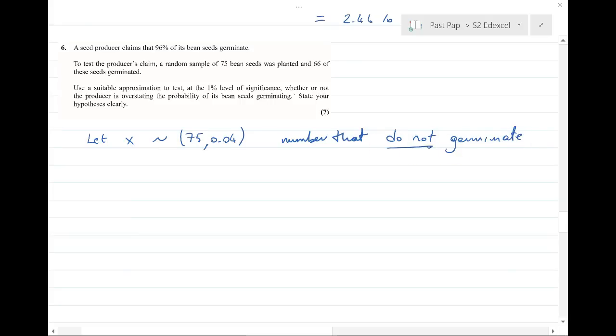Okay, and we are being asked to use a suitable approximation.